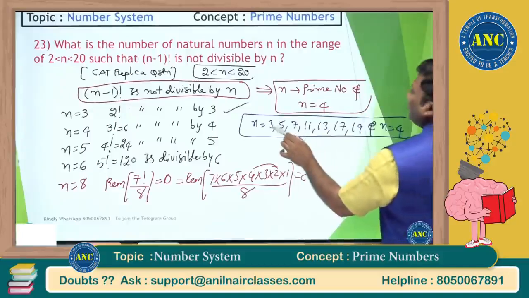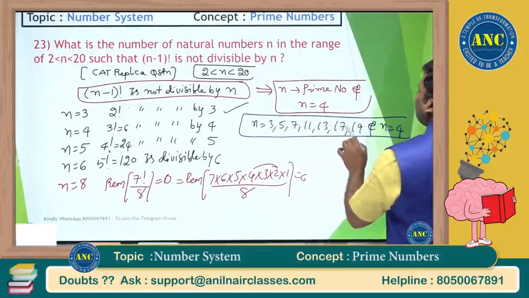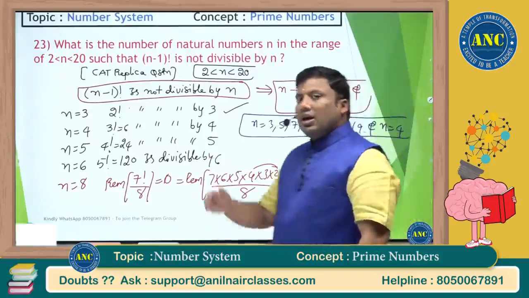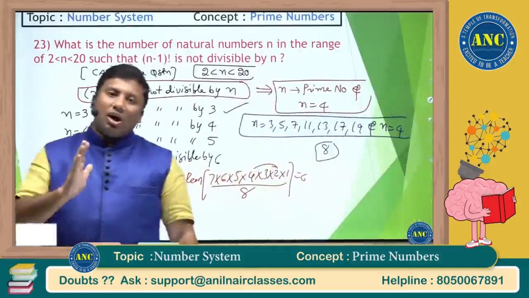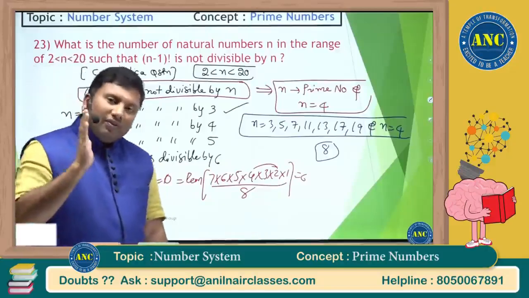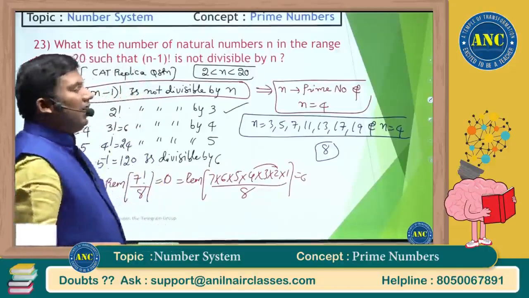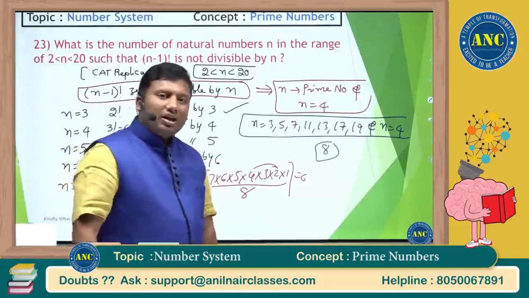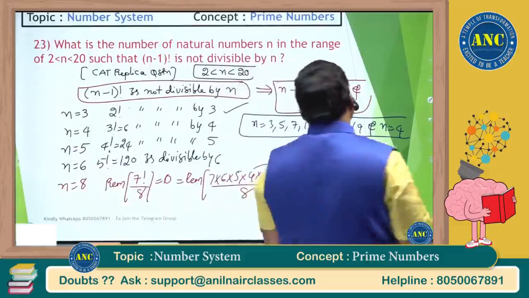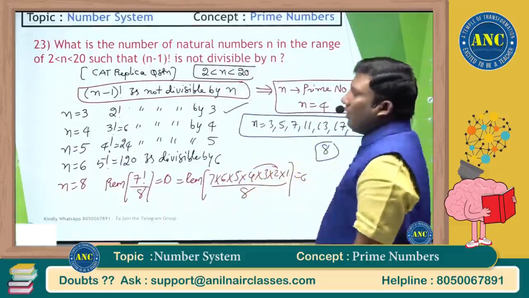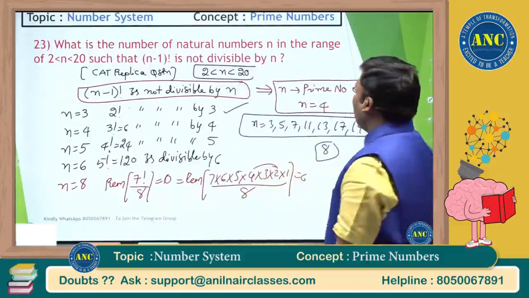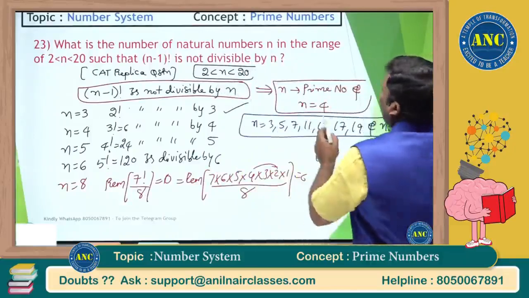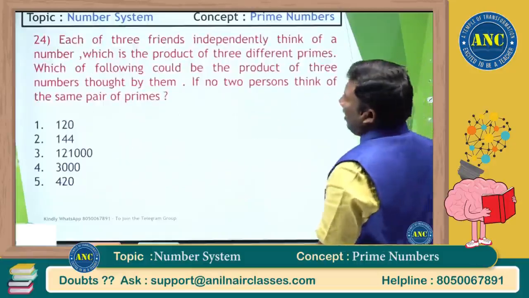Totally how many values? 1, 2, 3, 4, 5, 6, 7, plus 1, 8 values. This is based on a corollary of Wilson's theorem that we will discuss in the next class. I hope the idea is clear. Very, very good question. It's a CAT replica question, sir.